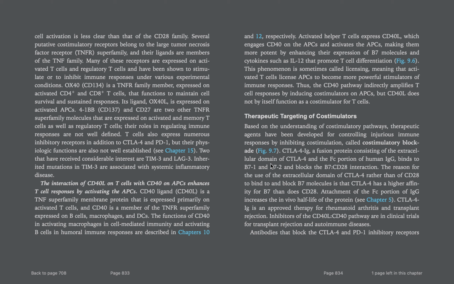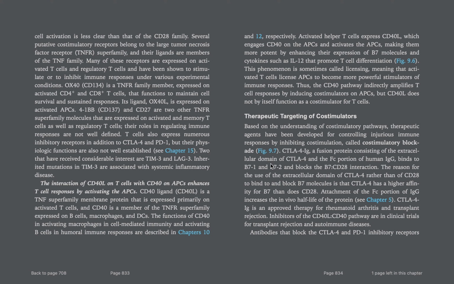Activated helper T cells express CD40 ligand, which engages CD40 on antigen-presenting cells and activates them, making them more potent by enhancing the expression of B7 molecules and cytokines such as interleukin-12 that promote T cell differentiation.